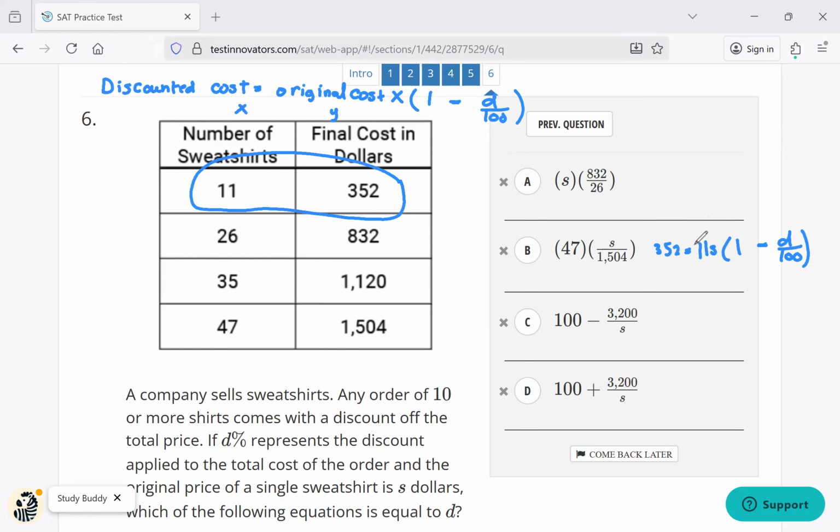Okay, so then I'm going to FOIL out this 11. So it's going to be 11S minus 11S times negative D over 100 is negative 11SD over 100. This is going to equal 352.